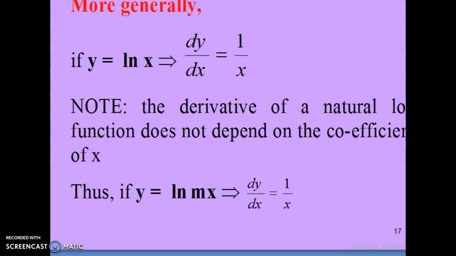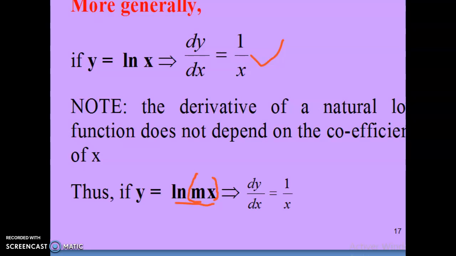Generally, how do you find the differential of ln x? If y is ln x, the differential is 1 over x. Alright, below is how that 1 over x was, let me say, ln mx. How do you differentiate ln mx? We take the result of the differentiation here over this one.